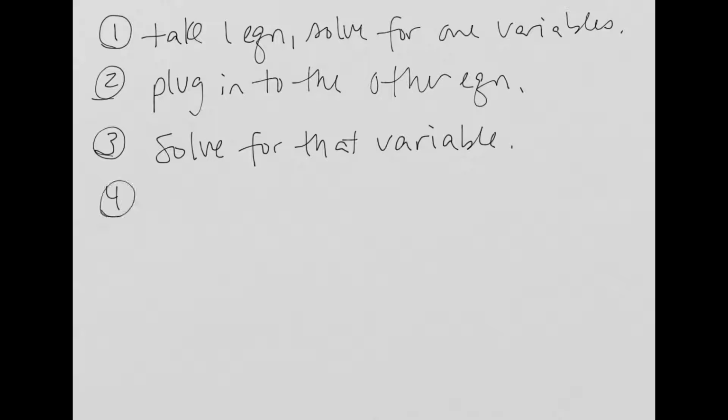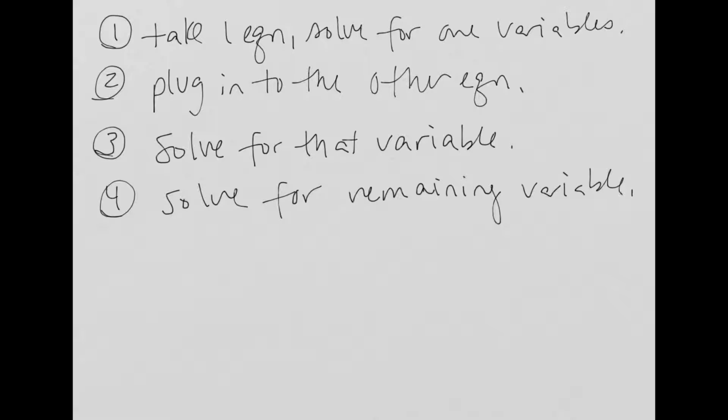And then lastly, solve for the remaining variable. So it's a lot of steps here, but I think once we do a couple, you're going to kind of see how this works. It's actually not that bad. So let's just do a couple.